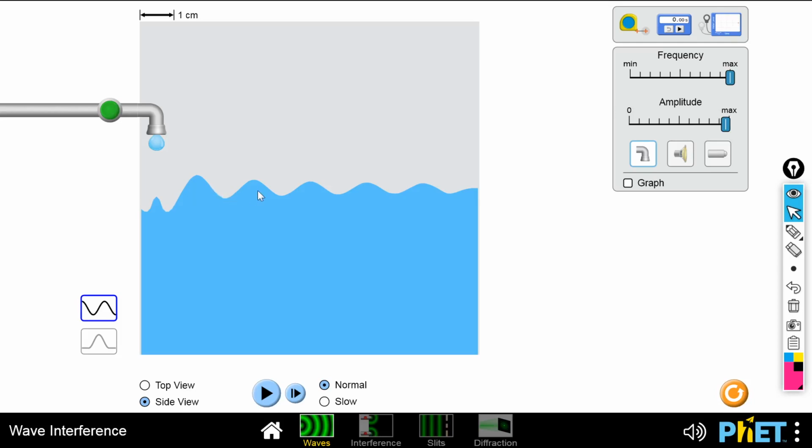Overall it tends to even out into what we call a sinusoidal wave, and those sinusoidal waves are measured. From peak to peak, which are the high points of the amplitude, we have one complete cycle, and that's called the wavelength, typically lambda.